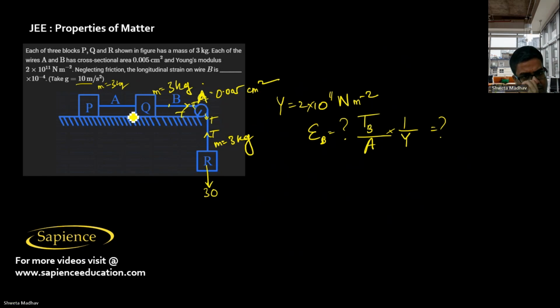Suppose T1 is the tension force on the wire B, on the wire A this is also T1. So I can say 30 minus T is equal to 3a.